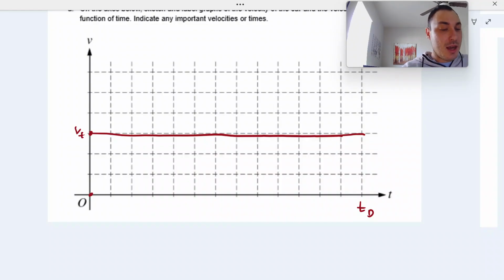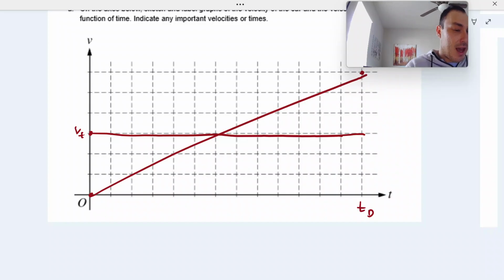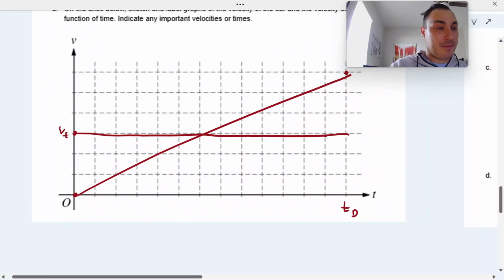So that means the area under both curves should be the same, since displacement is the area under the curve of velocity. So if the car starts below, it should end up here. The car is going to look something like that. The area under both of these curves is the same, which means the displacement is the same.